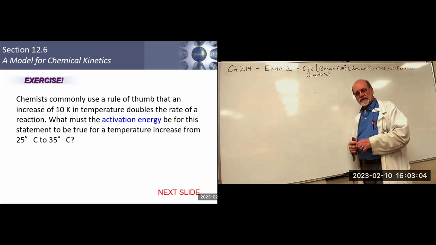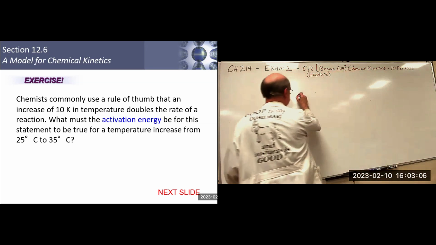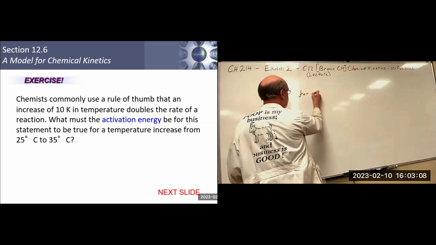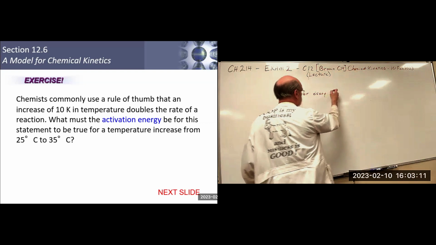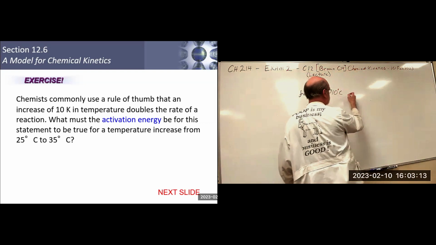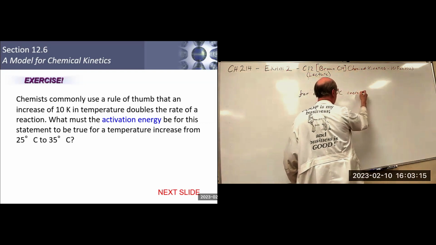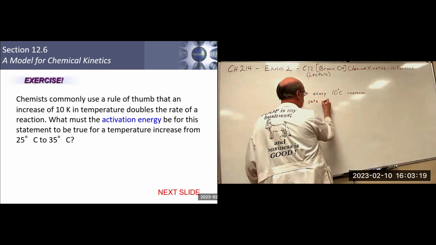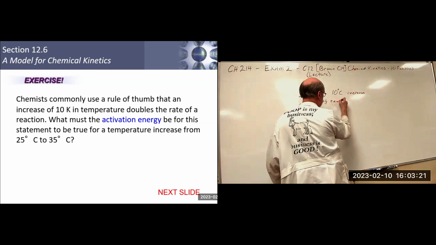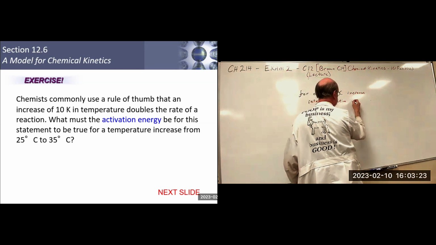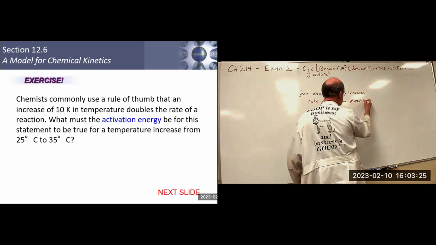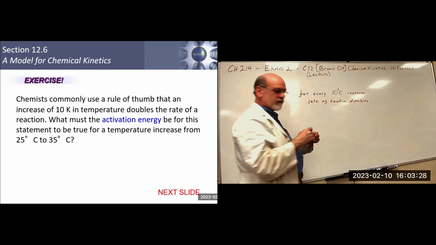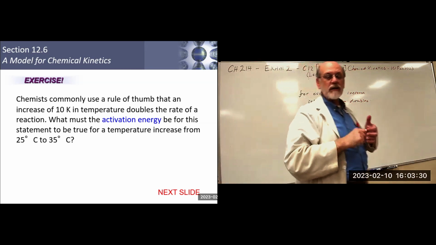And what it said was, for every 10-degree increase, the rate of reaction doubles. So for every 10-degree C increase, you get a doubling of the reaction rate.